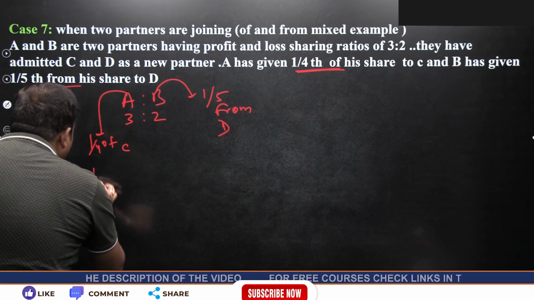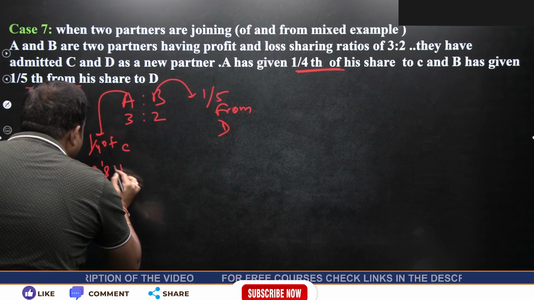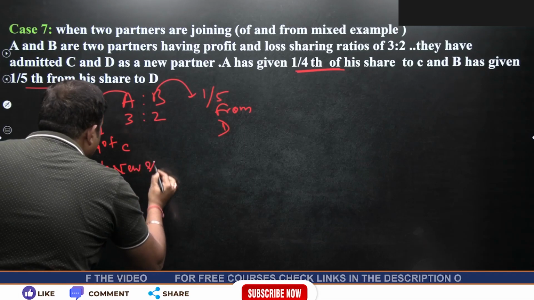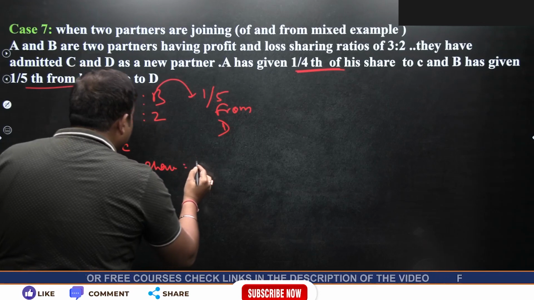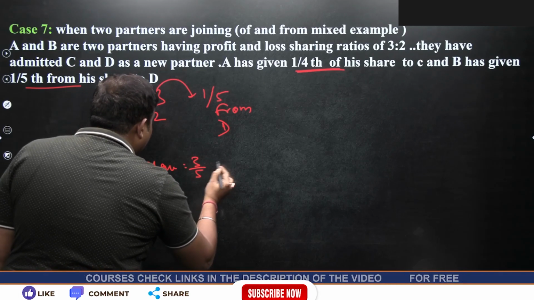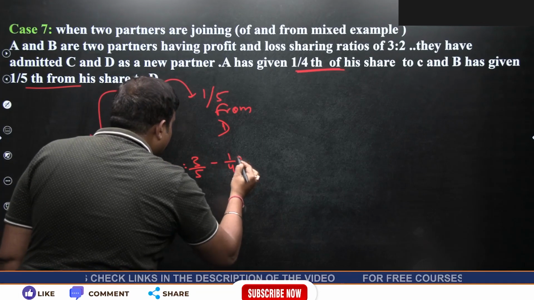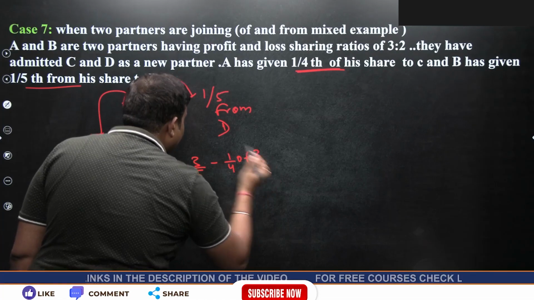So if you calculate A's new share, it should be again old share minus sacrificing share. So 3 by 5 minus he has sacrificed 1/4 of his share, that is 3 by 5.